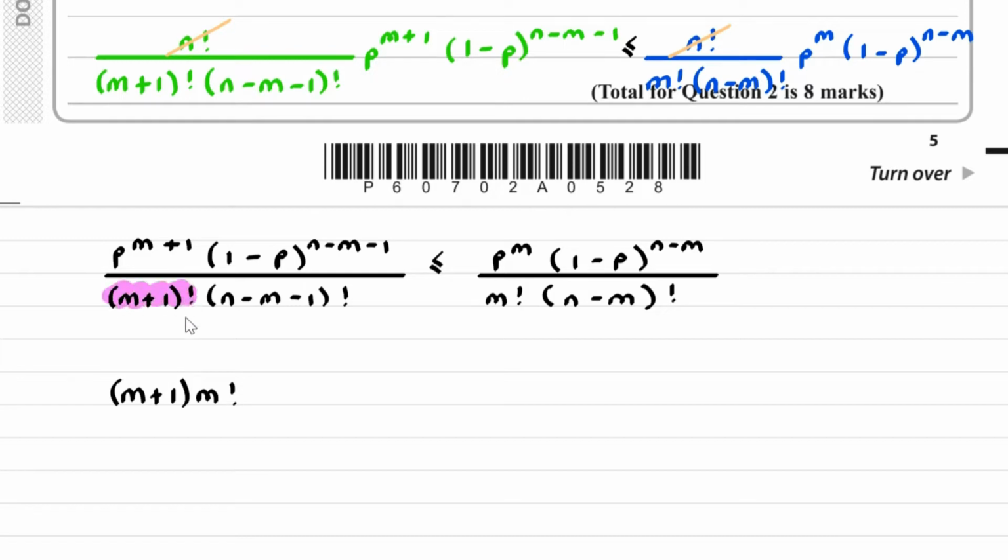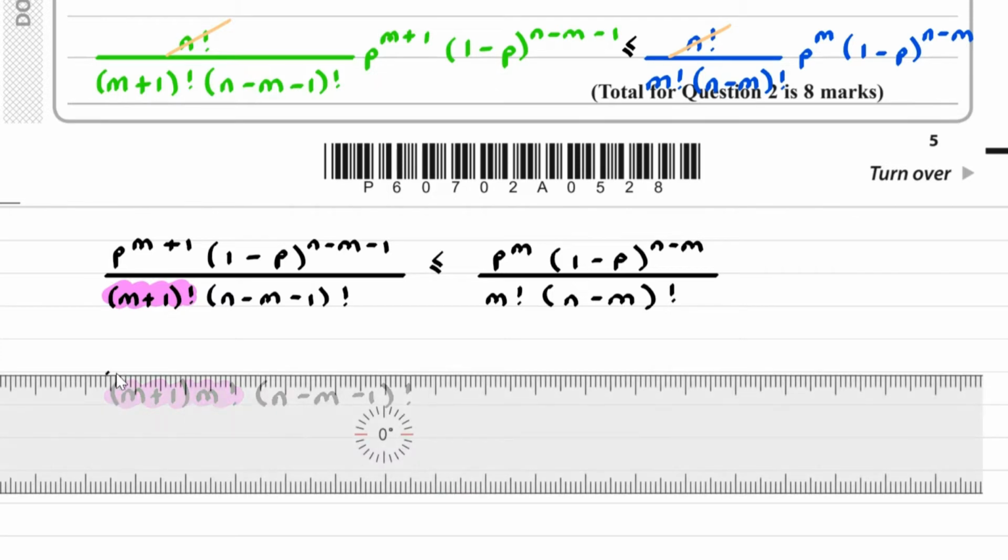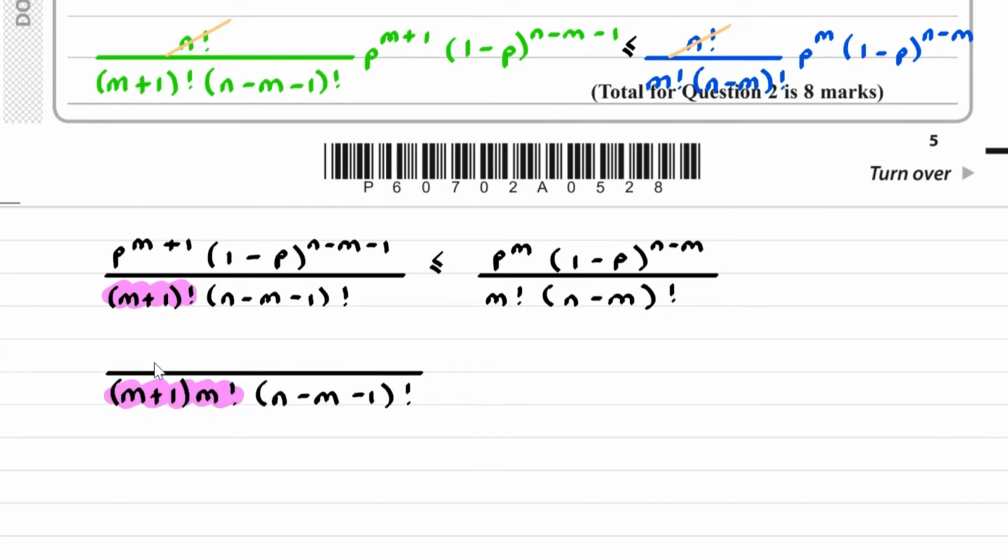So that comes from here. Then I've got n minus m minus 1 factorial, can't do much with that just yet. And on the top, I've got p to the m plus 1 times 1 minus p to the n minus m minus 1.